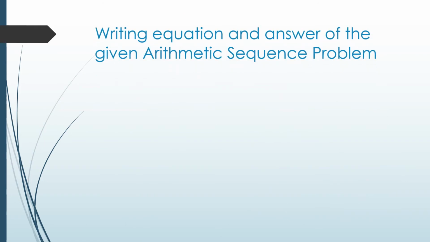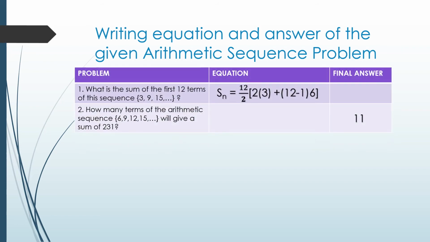Okay, now next will be writing an equation and also the answer of the given arithmetic sequence problem. So I have here an example. For number one: what is the sum of the first 12 terms of this sequence 3, 9, 15, and so on?